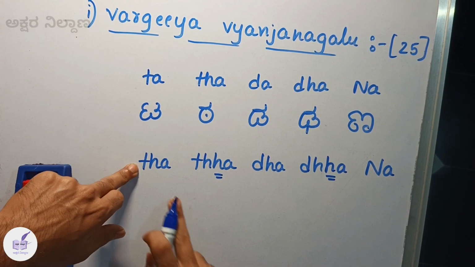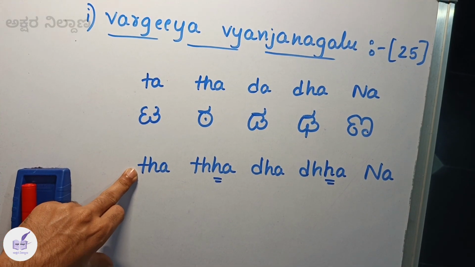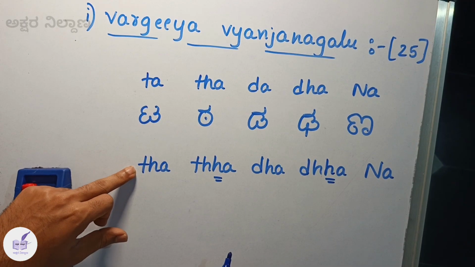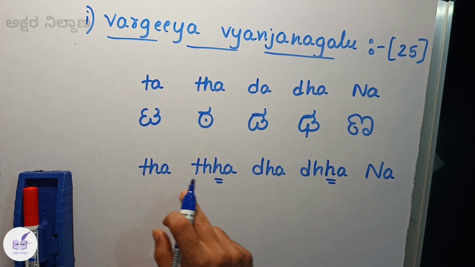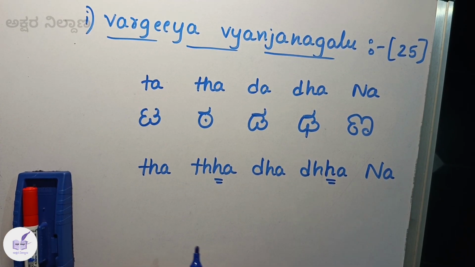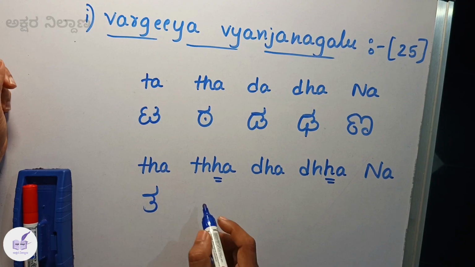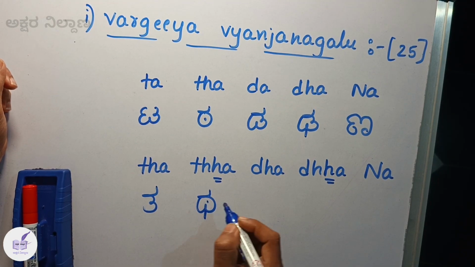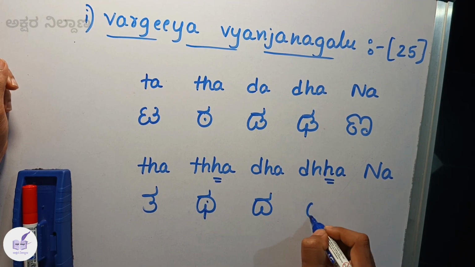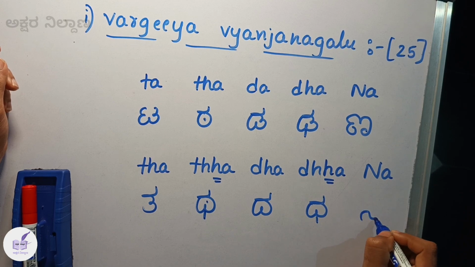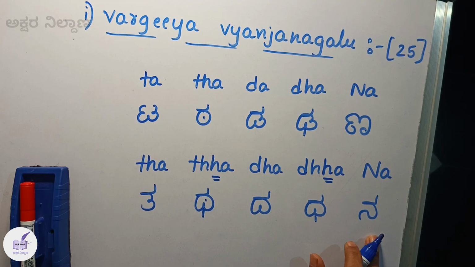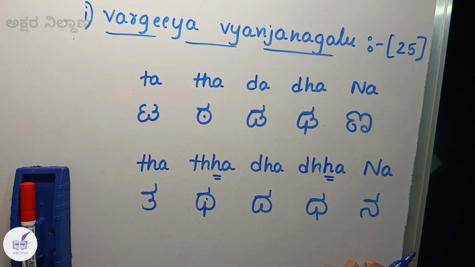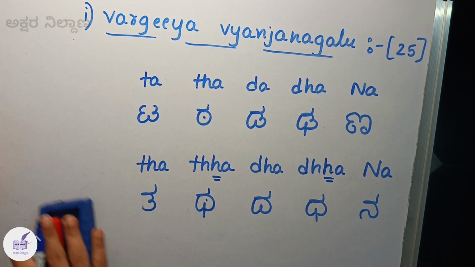But when you pronounce the 5 letters of the second line, the tip of the tongue touches the back of the front teeth. You can write it like this: ta, tha, da, dha, na. Pause the video and note it down.